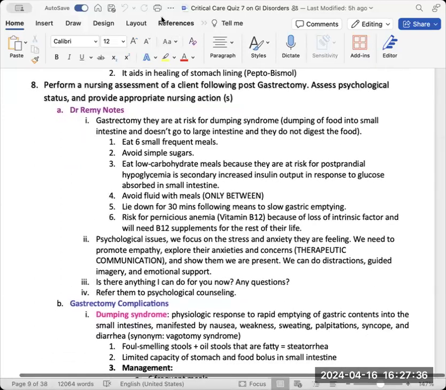Okay. The next question is to perform a nursing assessment of a client post-gastrectomy, assess psychological status, and provide appropriate nursing interventions. Now, what is one of the biggest complications from a gastrectomy? Dumping syndrome. And what is dumping syndrome?